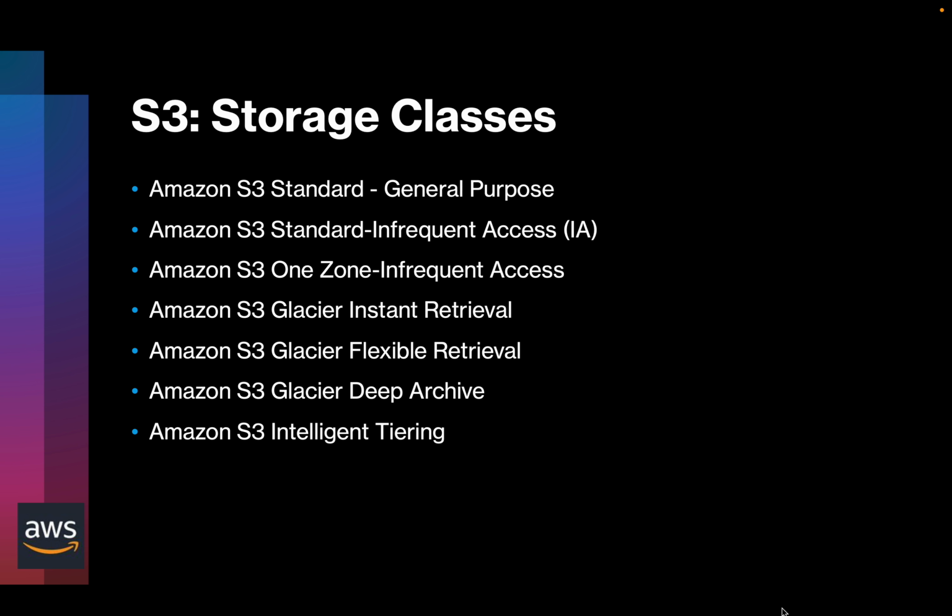In S3 we have different kinds of storage. One is the standard general purpose storage, which is mostly used. Also standard infrequent access, one zone infrequent access, S3 Glacier Instant Retrieval, S3 Glacier Flexible Retrieval, S3 Glacier Deep Archive, and S3 Intelligent-Tiering.